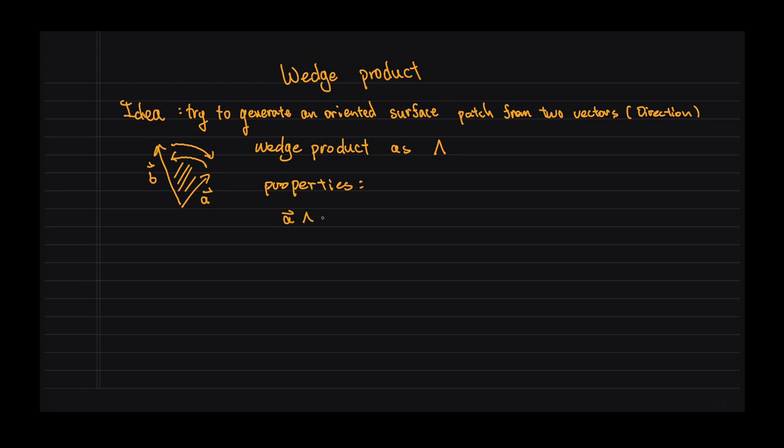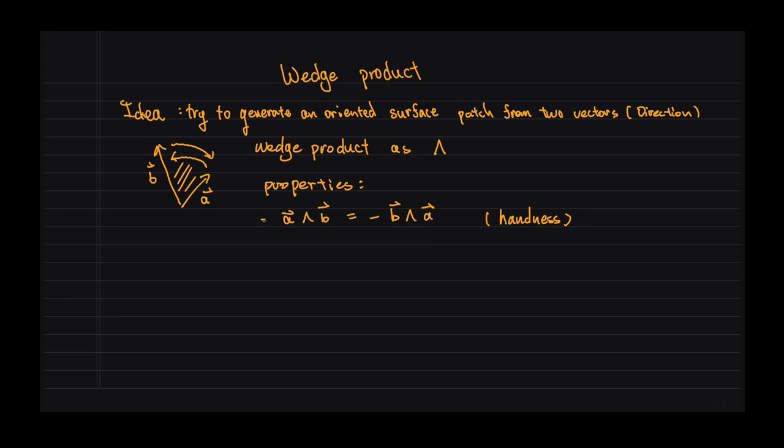A wedge B should equal minus B wedge A, because we would like this wedge product to have some sort of orientation. And in this case, the wedge product always has two choices. The orientation can only be opposite to each other. A better word than orientation is handedness, but most people don't use it, so we will still use orientation.